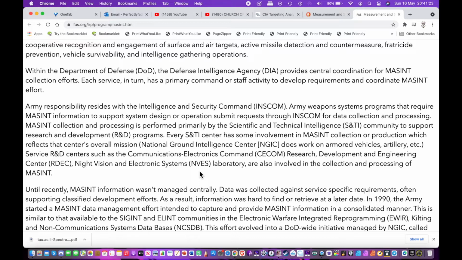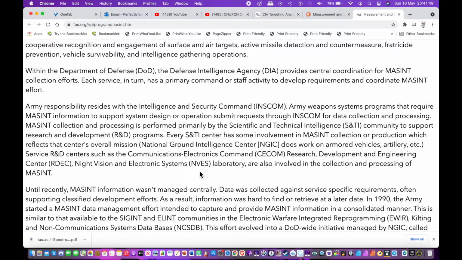MASINT collection and processing is performed primarily by the Scientific and Technical Intelligence (S&TI) community to support research and development (R&D) programs.